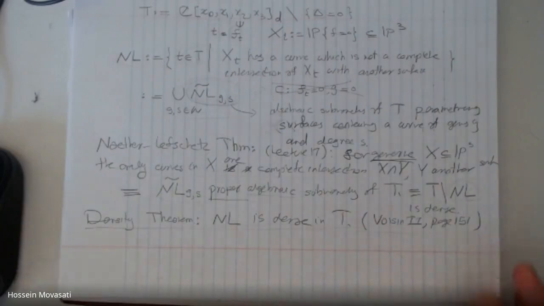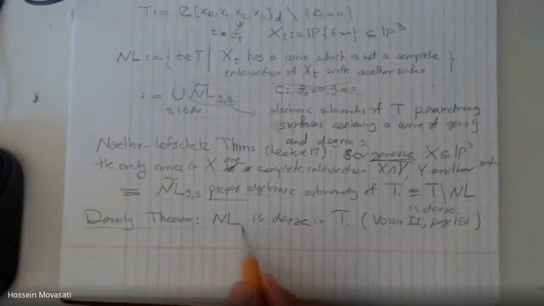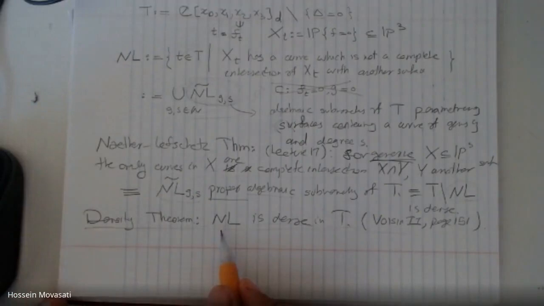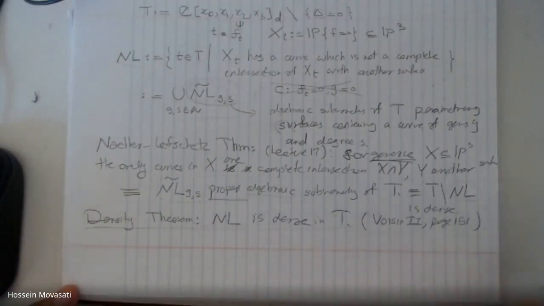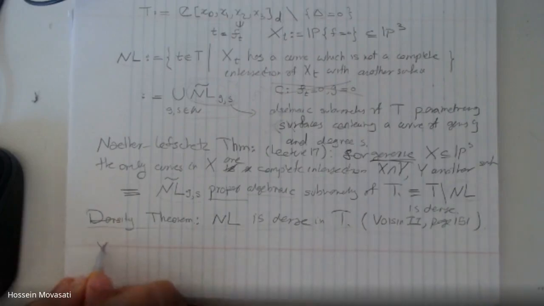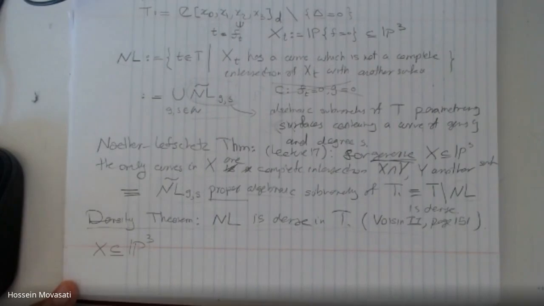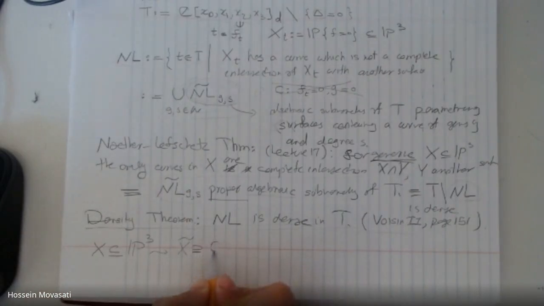So anyway, this is a kind of theoretical statement and not practical, because what this means is that if you take a surface X in P3 and you perturb one of its parameters a little bit, then there will be some perturbation such that X tilde will contain a curve which is not a complete intersection.